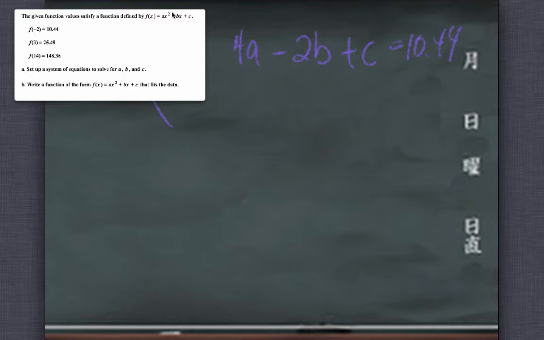When I plug in 3, then x squared is 9, so 9a, x is 3, 3b. When I plug in 14, 14 squared is 196.